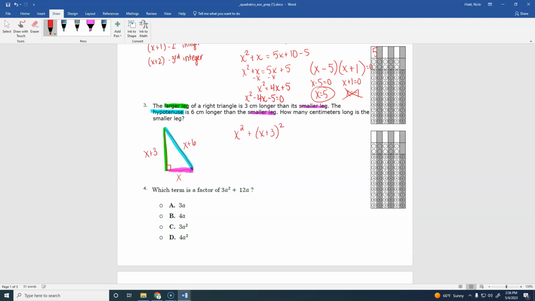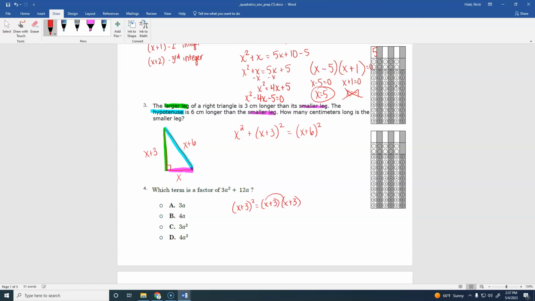So, a squared plus b squared equals c squared. Now, how to solve that? I can't do anything while I've got these squares right here. So x plus 3 squared is x plus 3 times x plus 3, right?